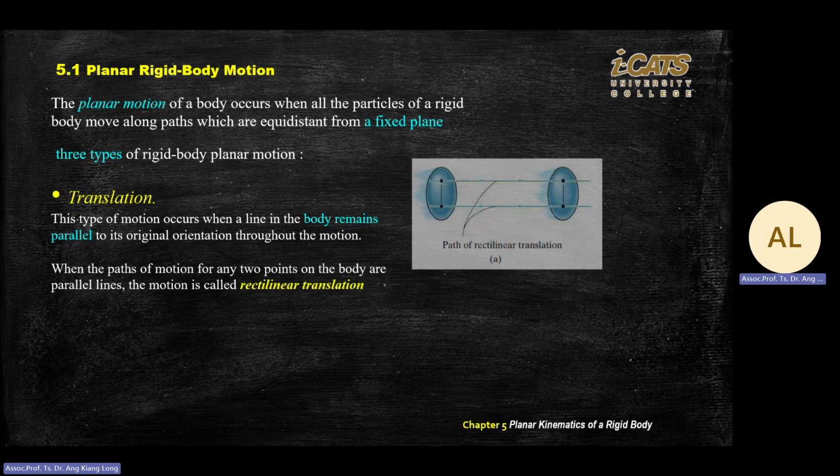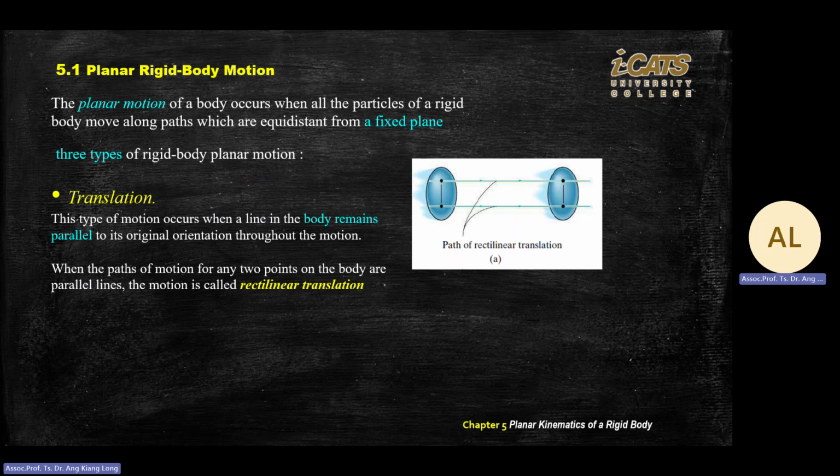First is called translation. If you see on the screen here, on the rigid body, you mark any two points, and the object moves in a straight line, meaning the points move in a straight line. So the top point moves to the left, the bottom point also moves in a straight line.